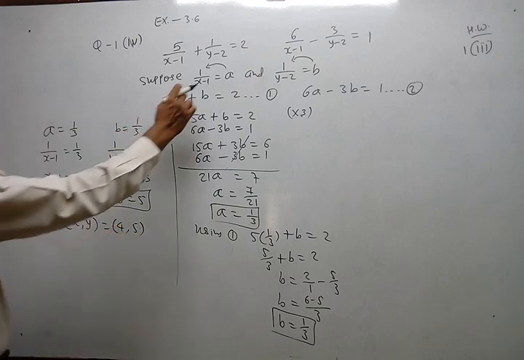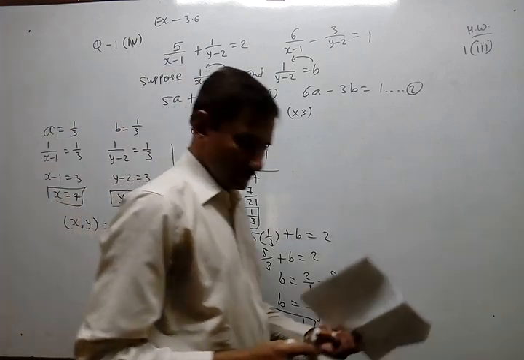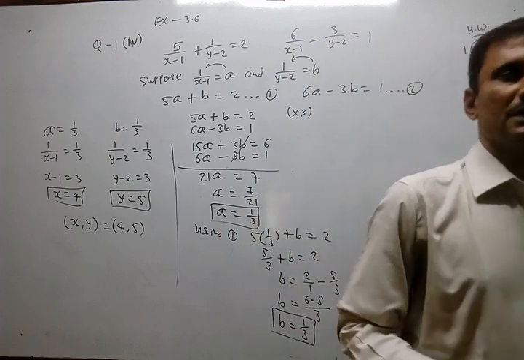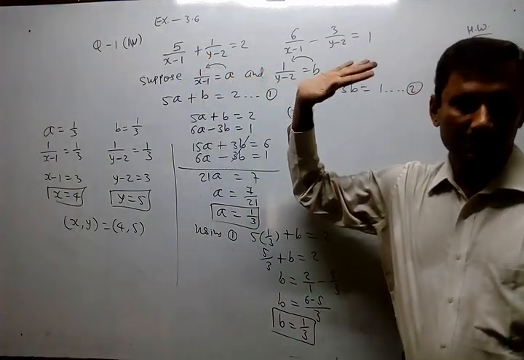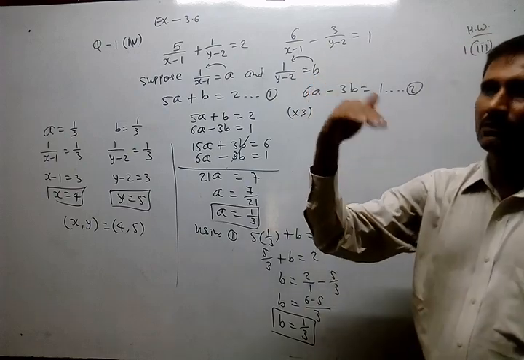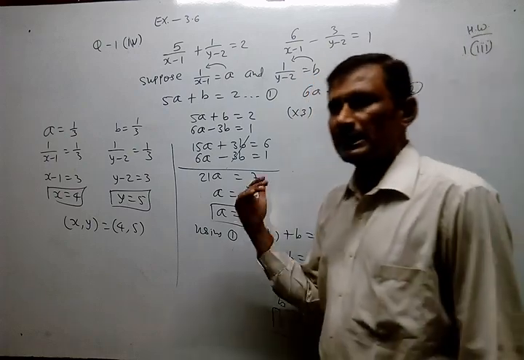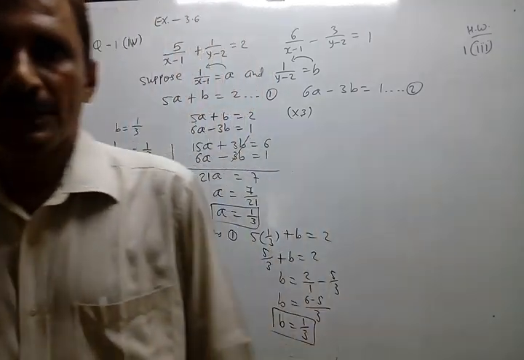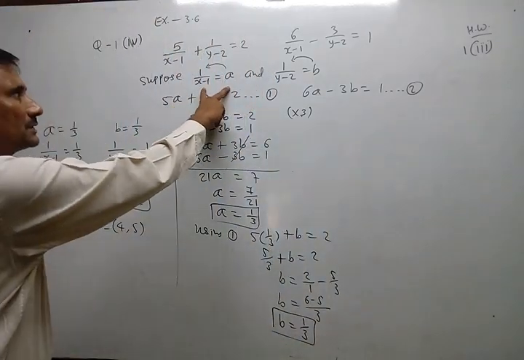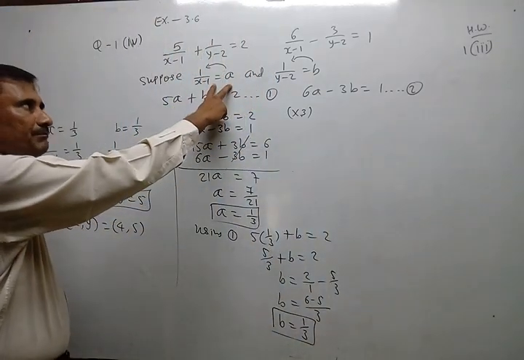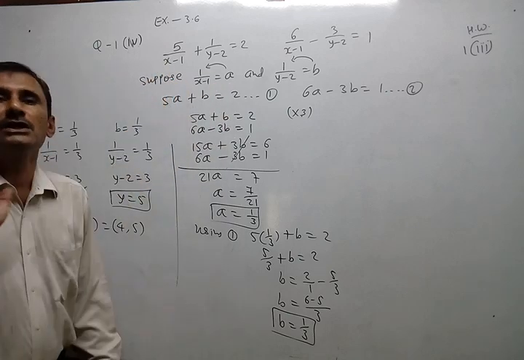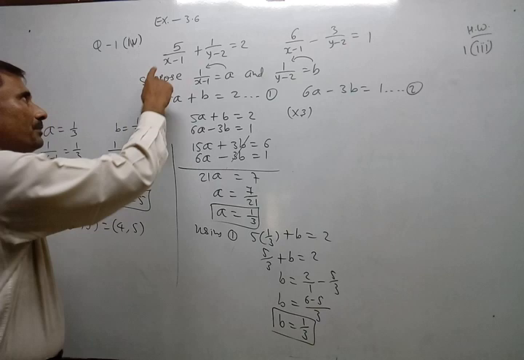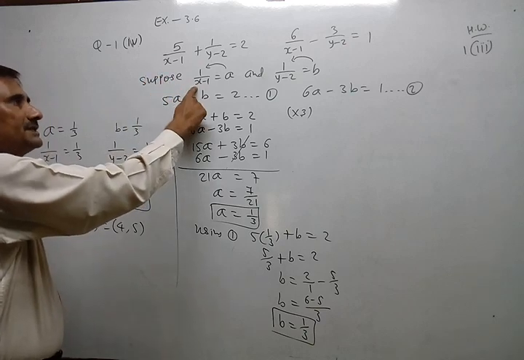So here the only different thing is that instead of x, a plus or minus something is given, meaning a binomial is given in the denominator. Otherwise in the earlier one a monomial is given in the denominator. So accordingly you have to suppose. Always be careful what to suppose, what is given in the denominator. If a coefficient is given, then don't take the coefficient here.